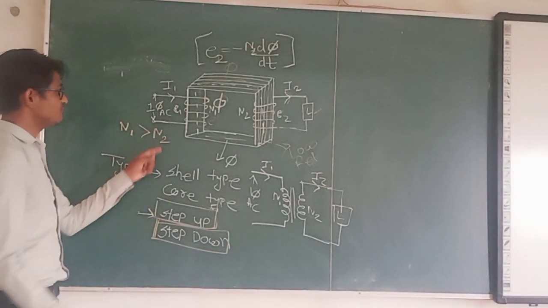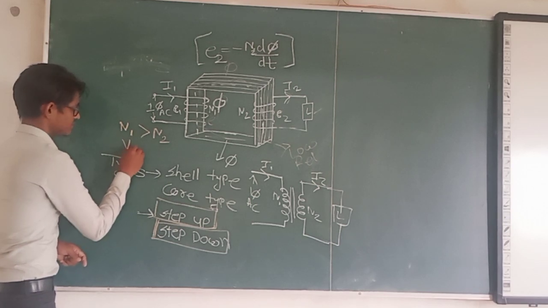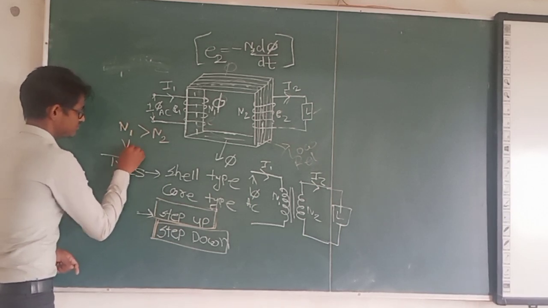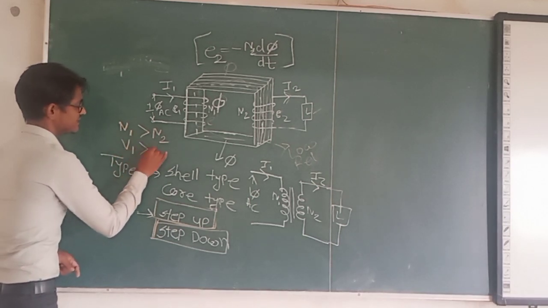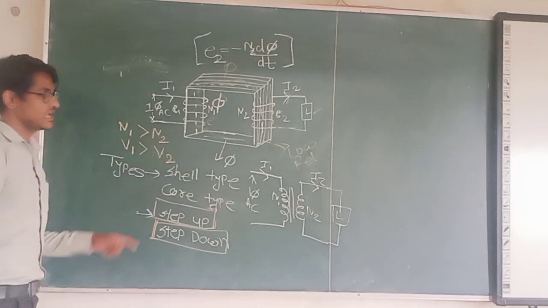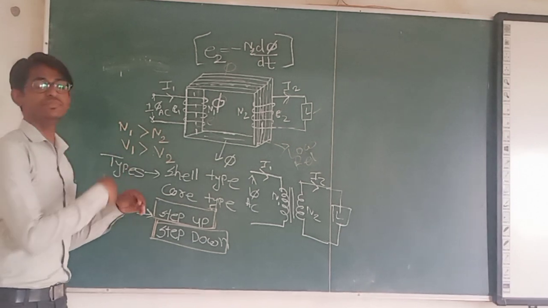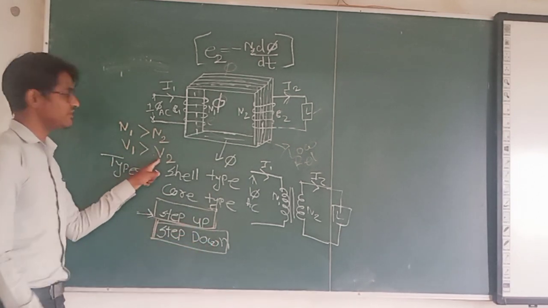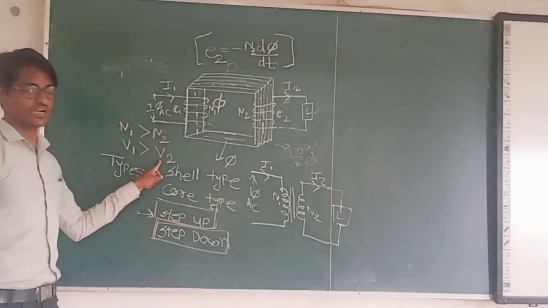Why? Because the voltage of the primary winding is greater than that of the secondary winding. We step down the voltage, that's why we call it a step down transformer.